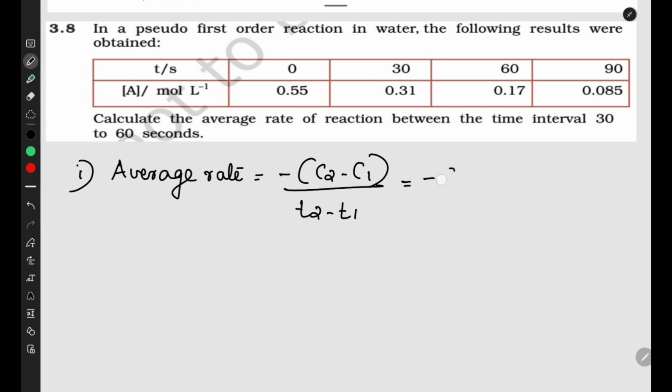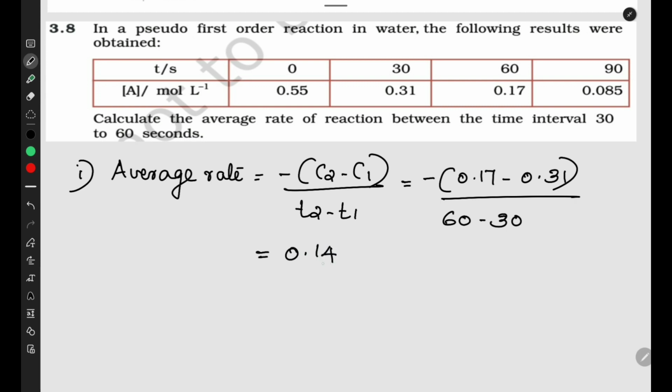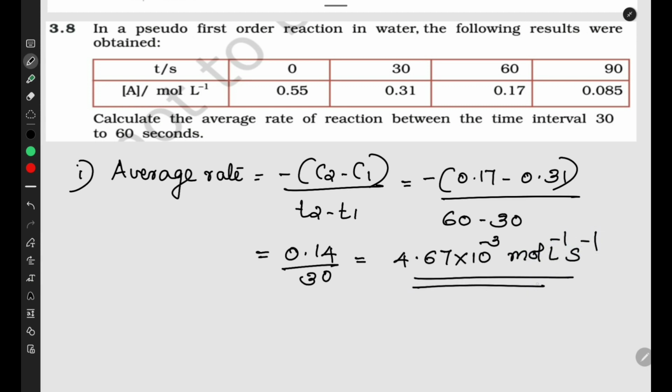That is equal to minus (0.17 minus 0.31) divided by (60 minus 30). So that is equal to 0.14 by 30. When we simplify, we will get 4.67 into 10 raised to minus 3 mole liter raised to minus 1 second raised to minus 1.